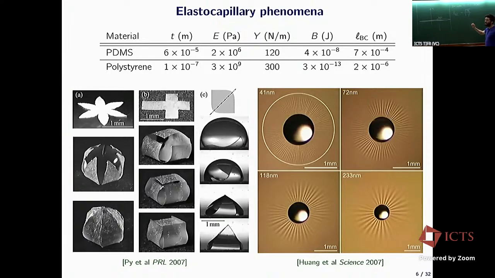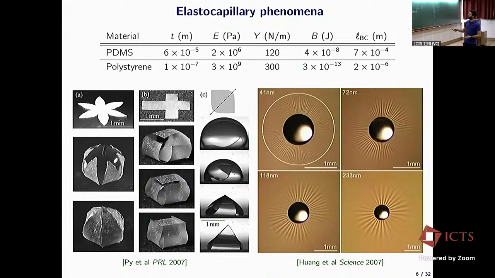Okay, and this length roughly tells you the radius of curvature that the surface tension will be able to impose on the sheet. And here I gave the values of L, the bendo-capillary length. Here you see that it is just 0.7 millimeter.